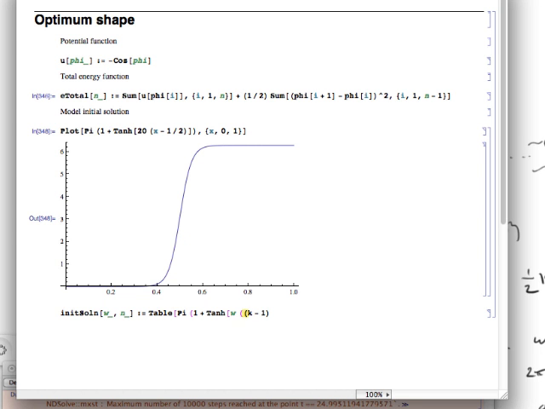And instead of x, what we write is k minus 1 over n minus 1, because k runs from 1 to n, and therefore k minus 1 over n minus 1 will run from 0 to 1. So this is the form of the initial guess function.